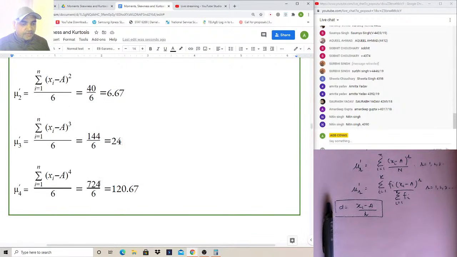And this is the fourth moment, that is 724 divided by 6, which comes out to be 120.67.